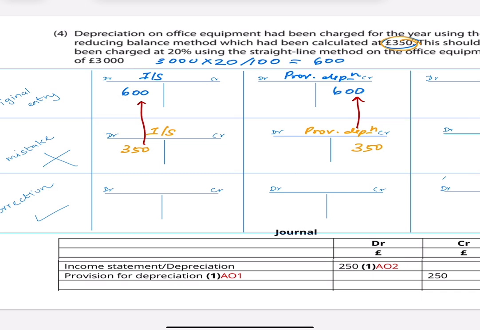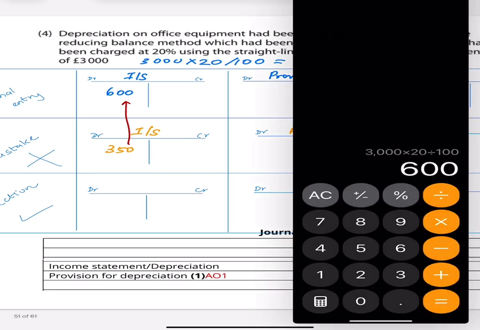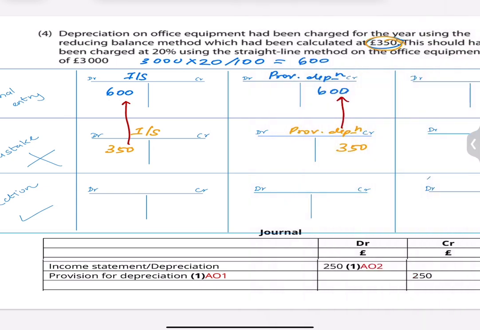So in order to correct this error, 600 take away 350, 250 should be added to both the accounts. Therefore, income statement debit 250, provision for depreciation credit by 250. Income statement debit and then credit provision for depreciation.